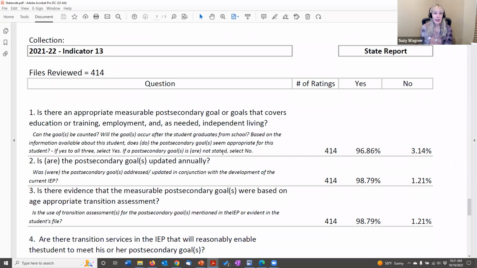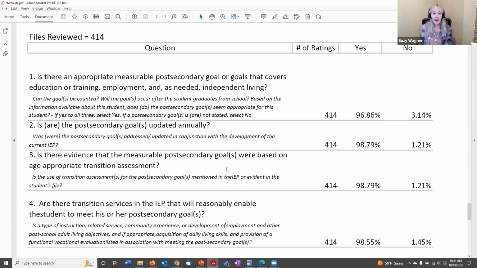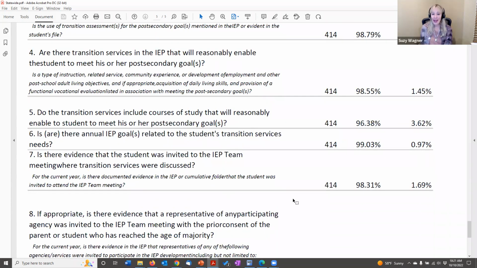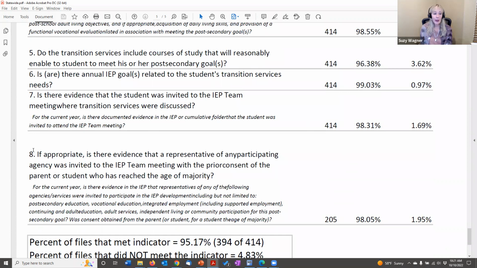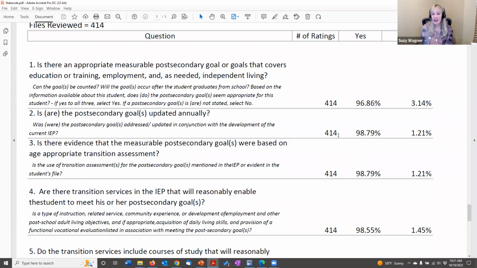And then the last report is indicator 13, which looks at the transition planning for IEPs of students with disabilities age 16 or older. There are 8 questions that are answered. Question number 8 is one where you could say it's not applicable, which is why there were fewer questions answered here. So you'll want to look at your report and see for each question what percentage of files met the indicator.